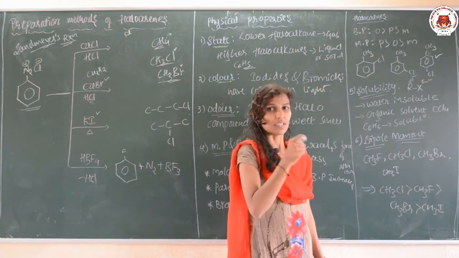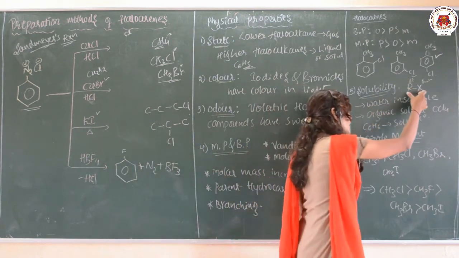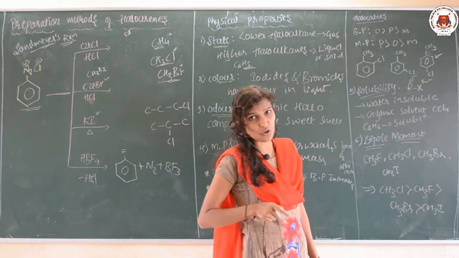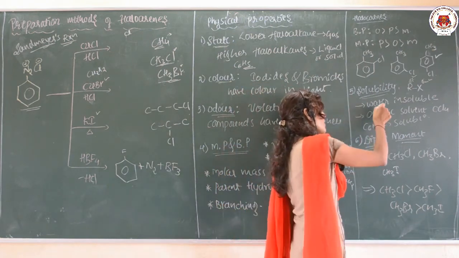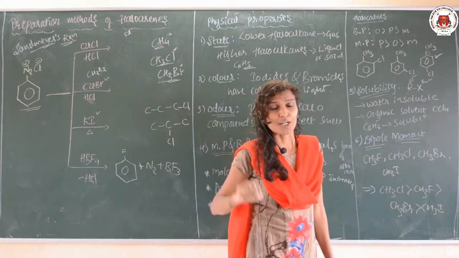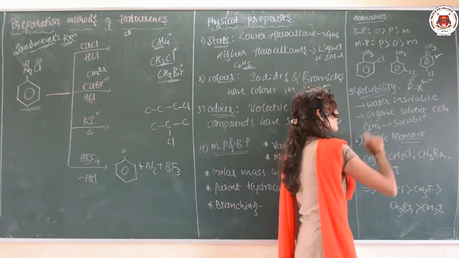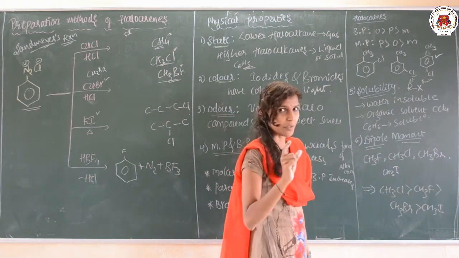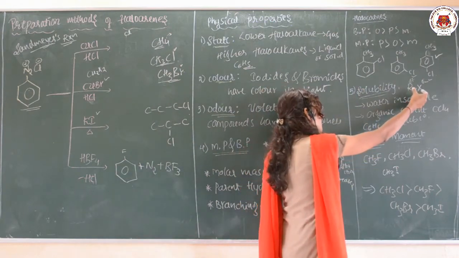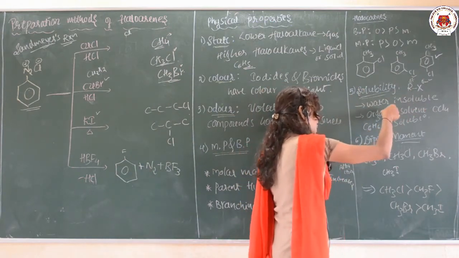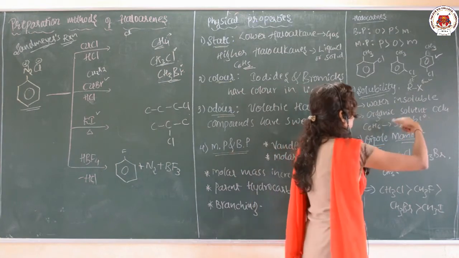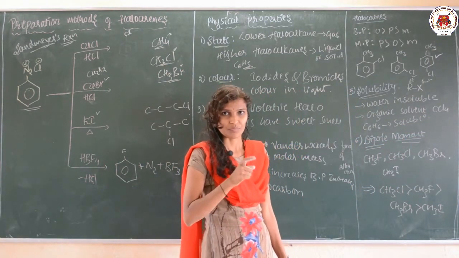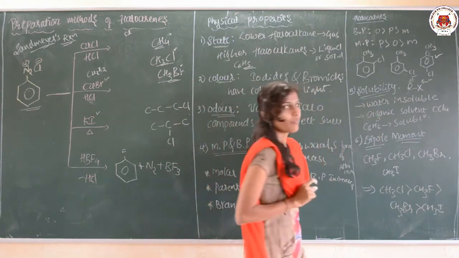Even though haloalkane is a polar molecule, it will not be soluble in water. It will be soluble in organic solvents like CCl4, benzene. Keep in mind, the haloalkanes are insoluble in water, while those are soluble in organic solvents like CCl4 and benzene. This is the solubility. Clear?